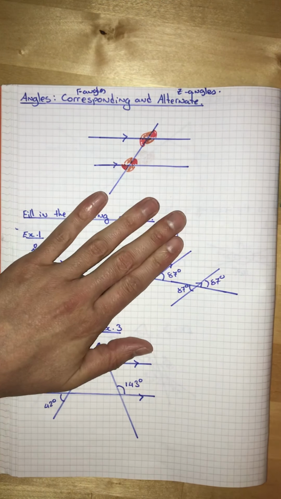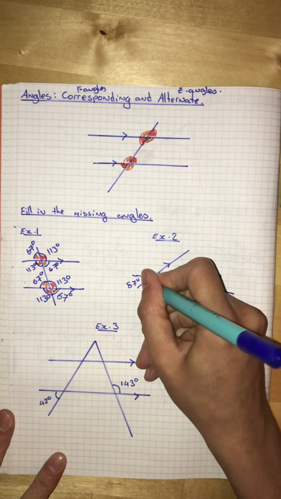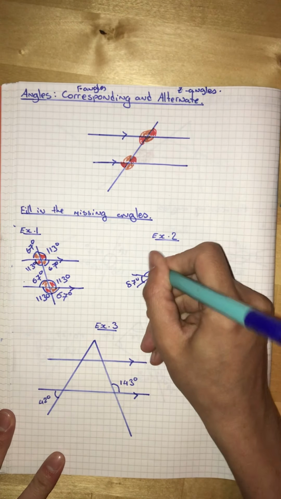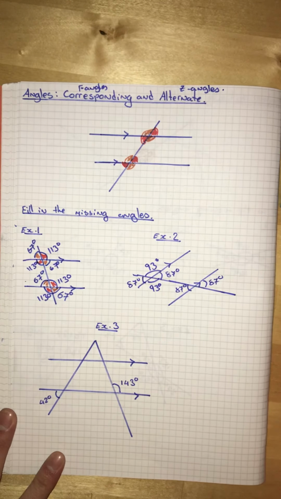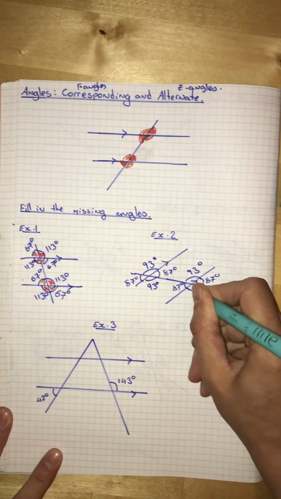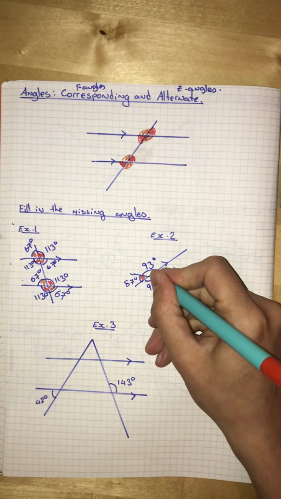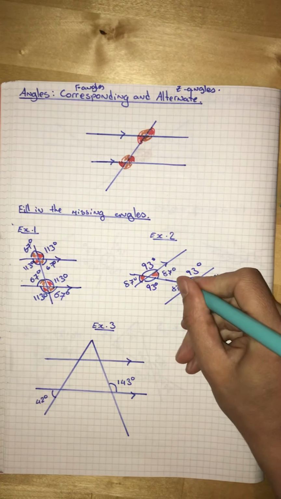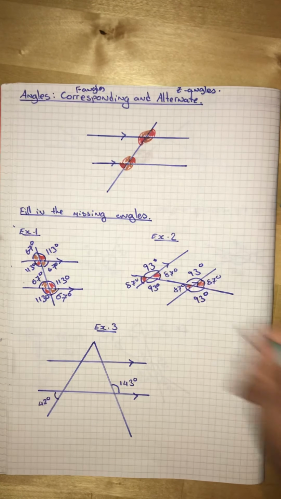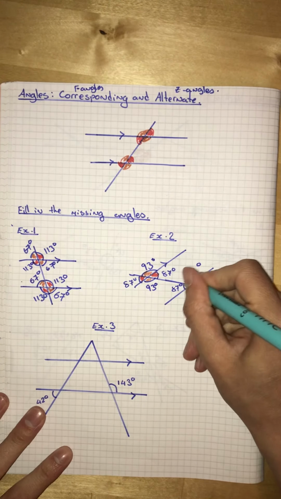Angles in a straight line add up to make 180. 180 take away 87 is 93, which means that's 93, which means that these two are 93 degrees. So I'll fill them in, colour them in, sorry. Just so it shows you exactly what angles are going to be equal.